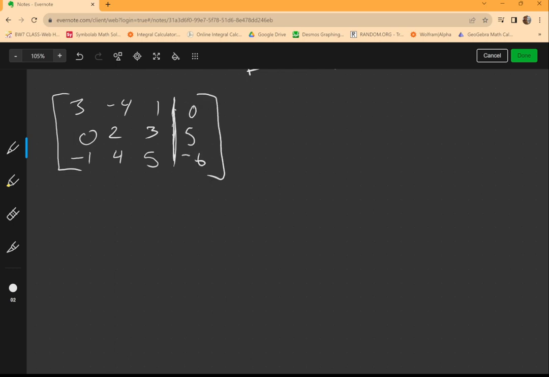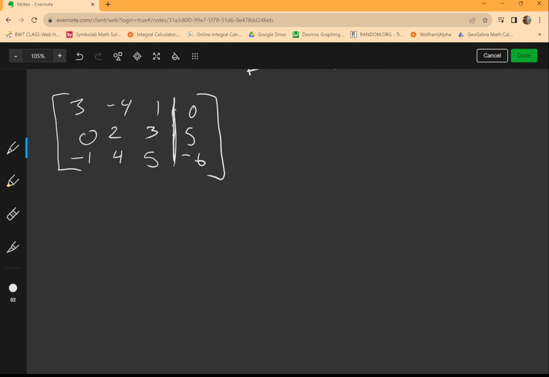So going back to our system, let's say we had an augmented matrix where we had 3, -4, 1, 0, 2, 3, -1, 4, 5, and then, for example, our augmented part would be 0, 5, -6. I just made up this augmented matrix here. All right, so we want to reformulate how we represent a system of equations.